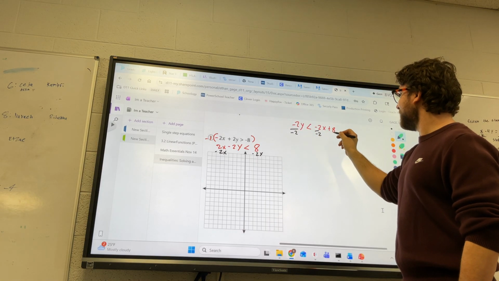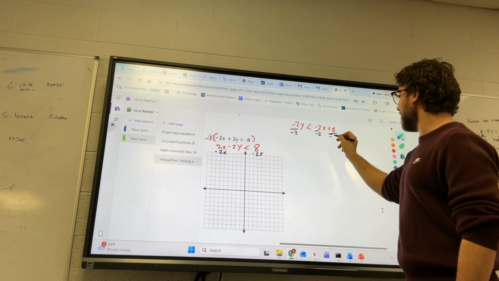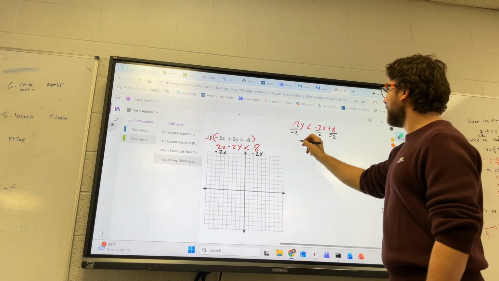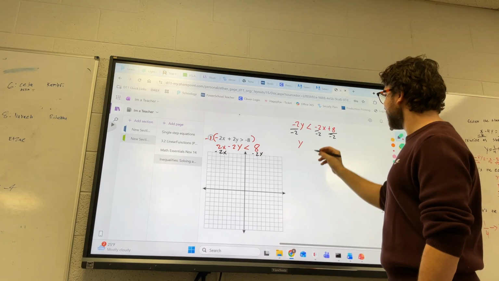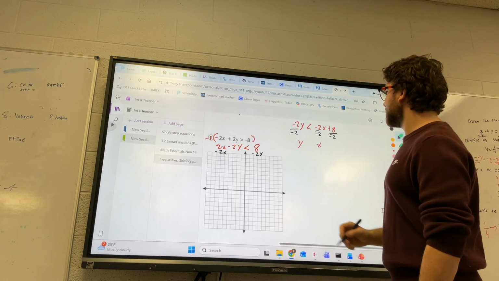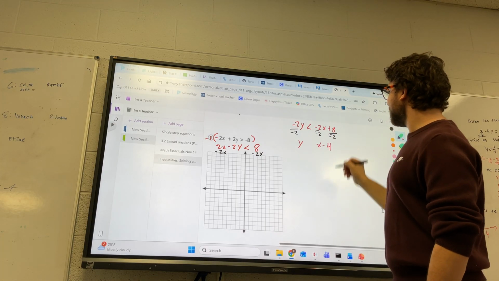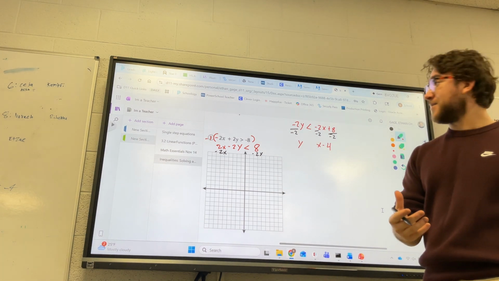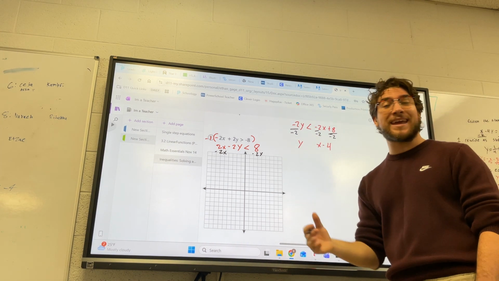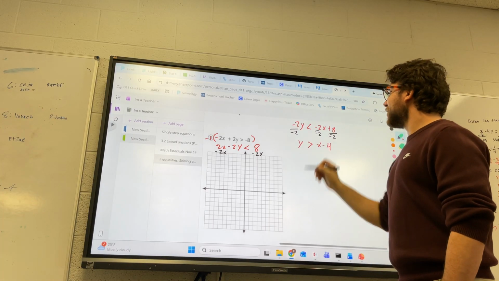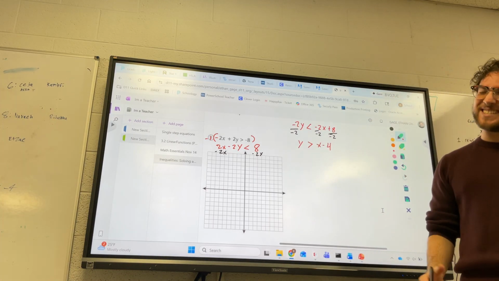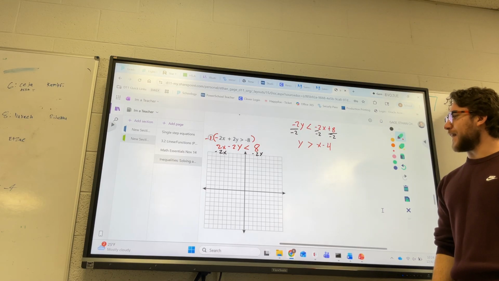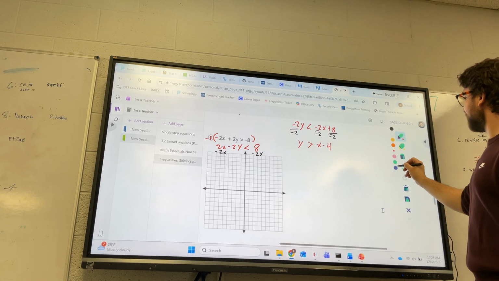Divide by negative 2, divide by negative 2, giving us y, x, minus 4. I left the sign empty because we just divided by negative 2, so our sign switches a second time. Y is greater than x minus 4.